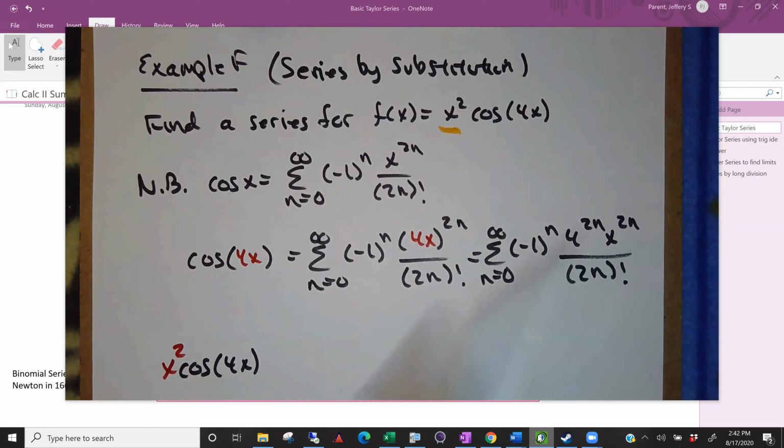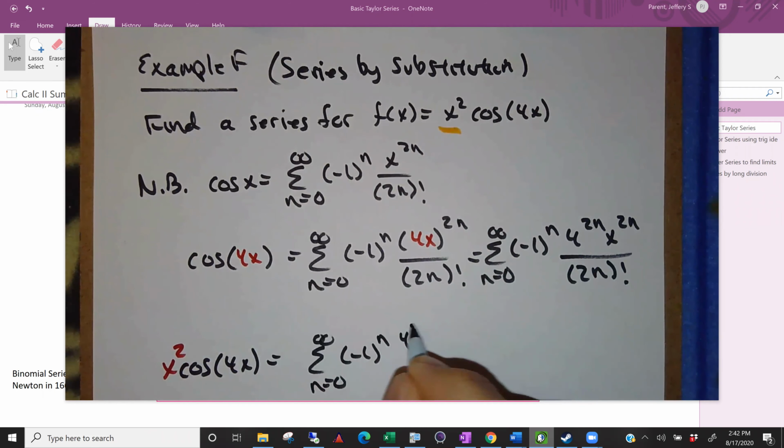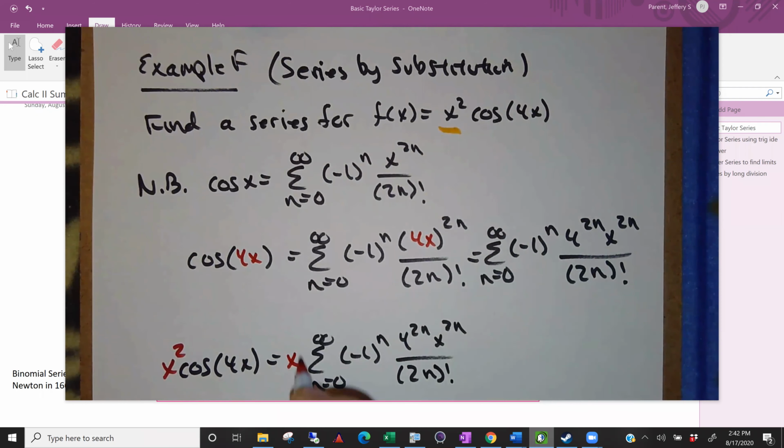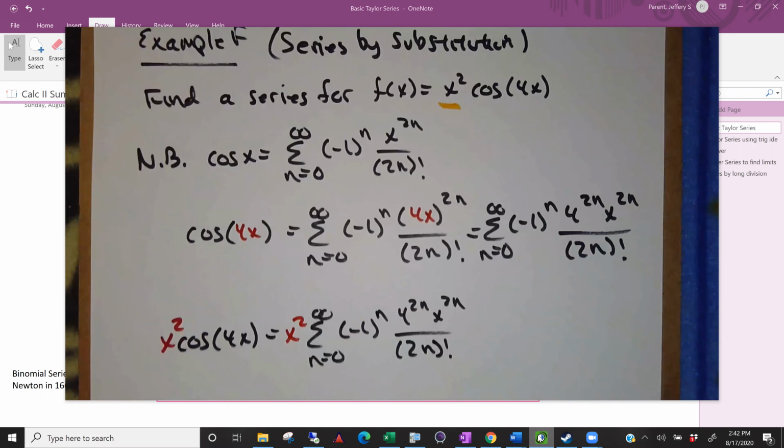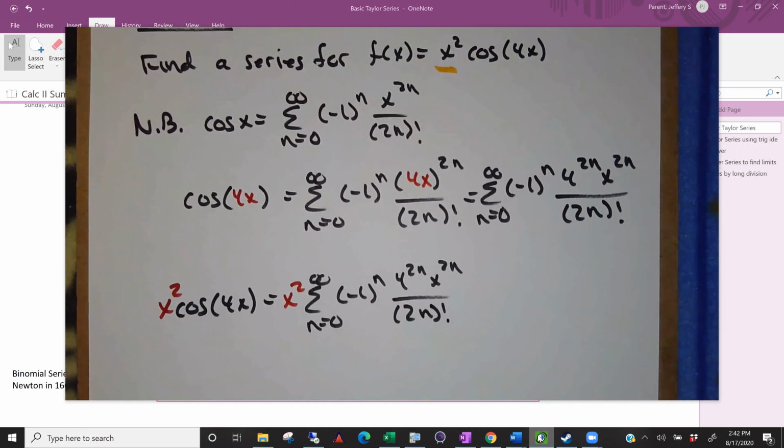And I can take this series, sum from n equals 0 to infinity, -1 to the n, 4 to the 2n, x to the 2n, over 2n factorial. I'm just going to write the x squared out in front here.